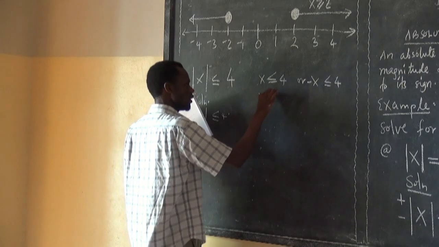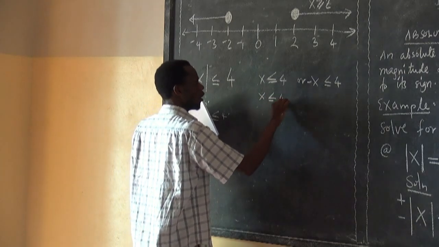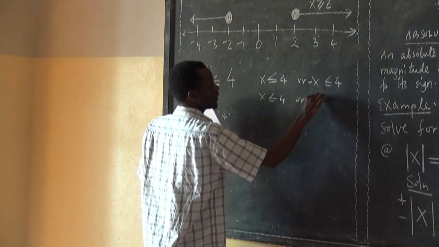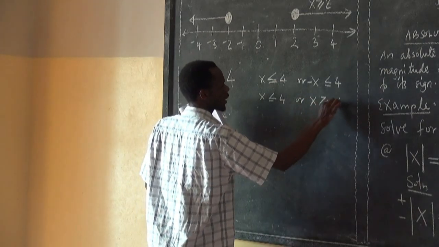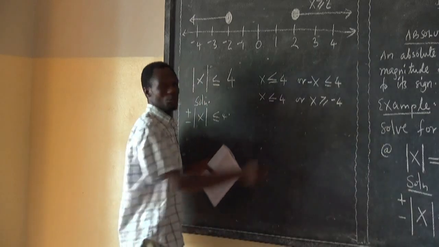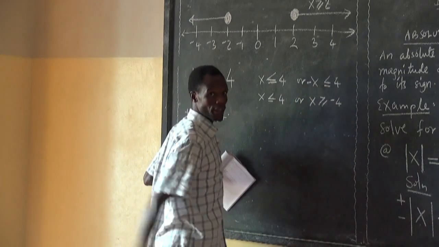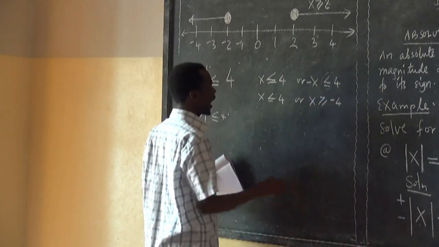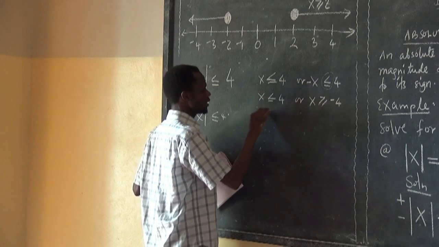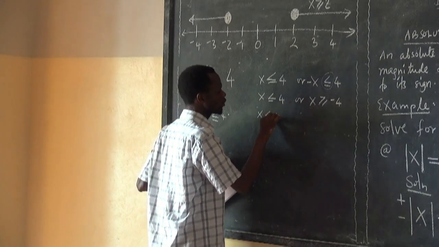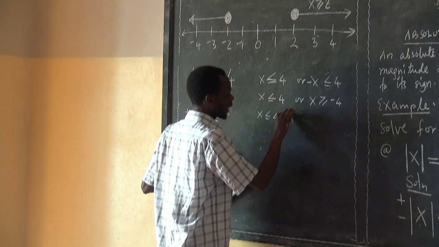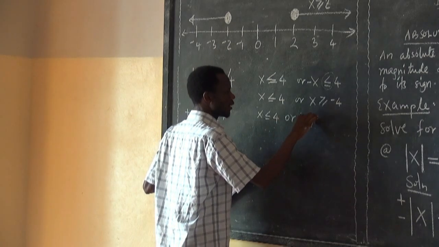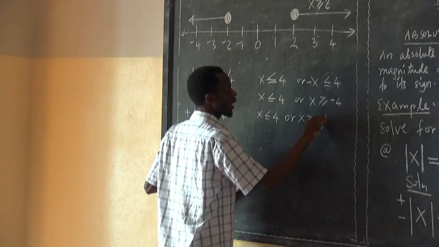Now x is less than or equal to 4, or x is greater or equal to negative 4. Why? Because we divide by negative both times. If we divide by negative both times, this sign will change. Now you have x is less than or equal to 4, or x is greater than or equal to negative 4.